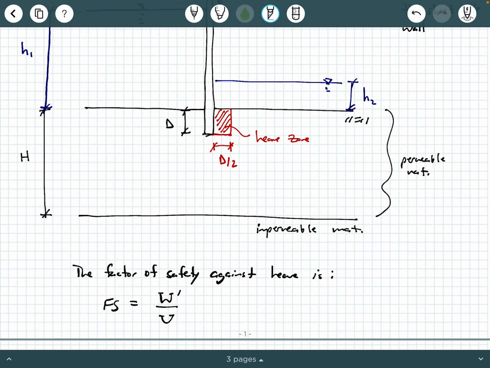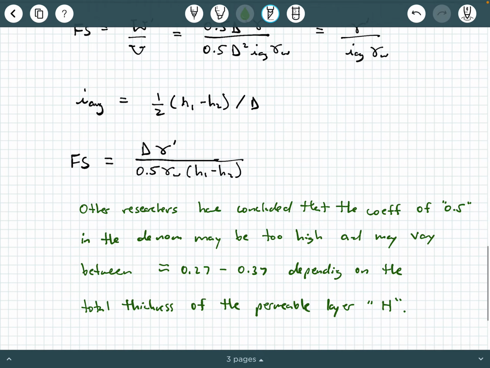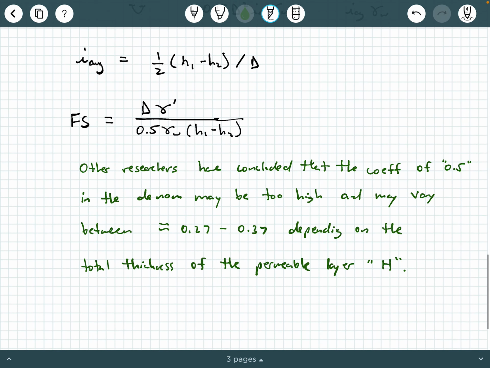Okay, so again, I'm not going to get into exactly what these other researchers came across, but it has been further developed since then. So for the purposes of some theoretical background, you would use this version of the factor of safety that we just derived.